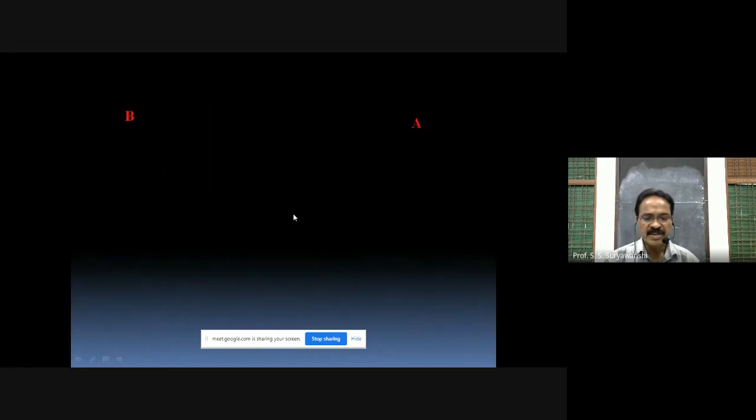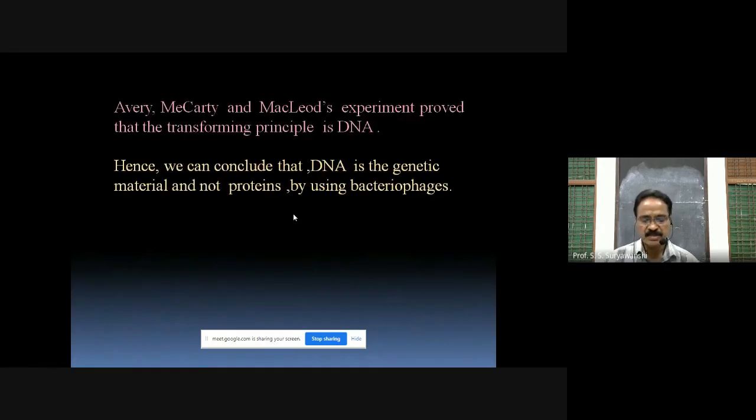Now, there are further experiments which also have solid evidence of DNA as the transforming principle. That is the Hershey-Chase experiment, and they utilized radioactive substances, phosphorus as well as sulfur. But we will deal with that in the next lecture.